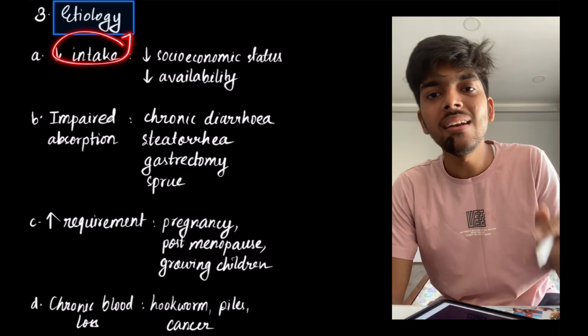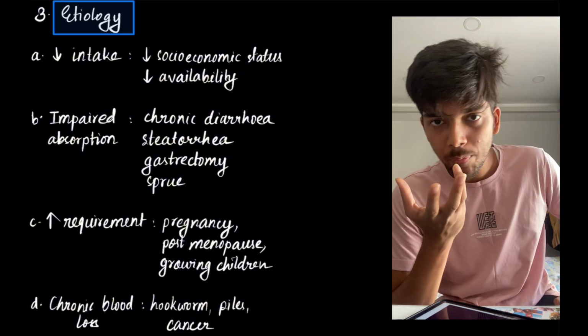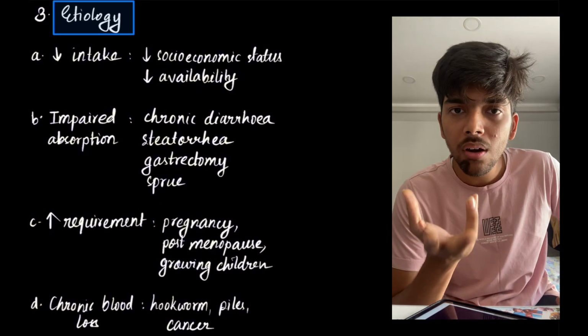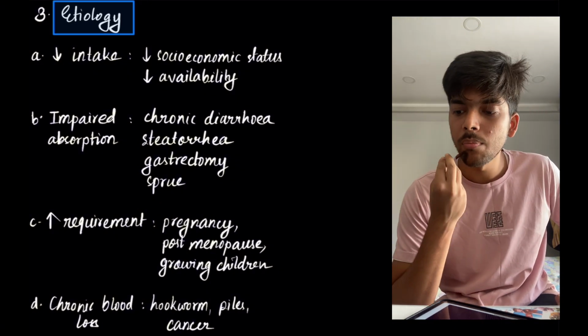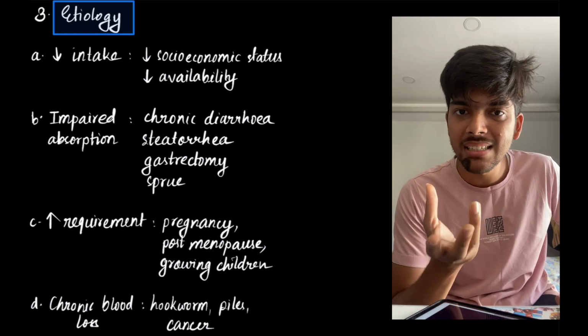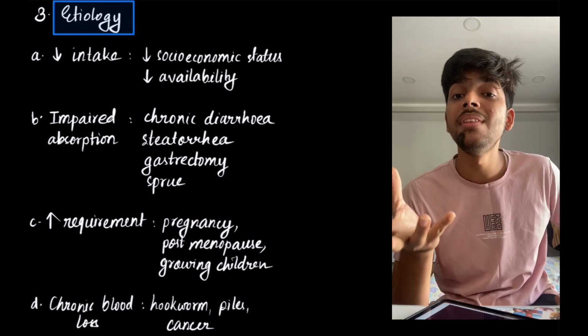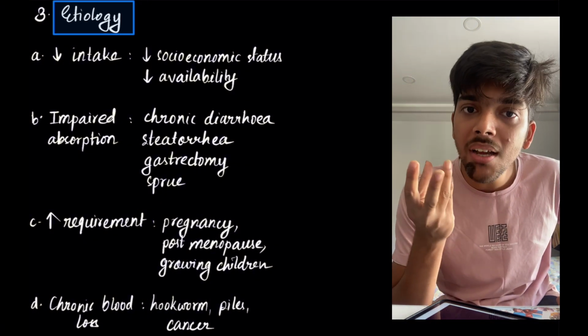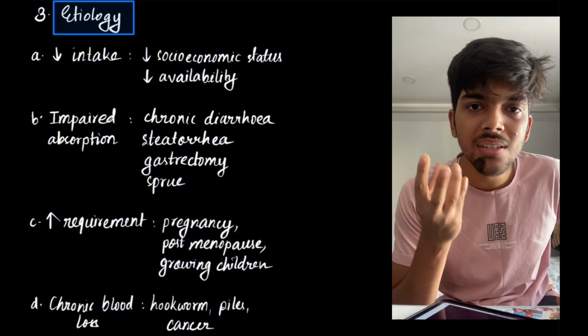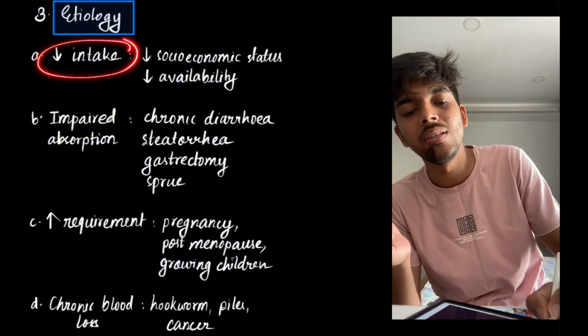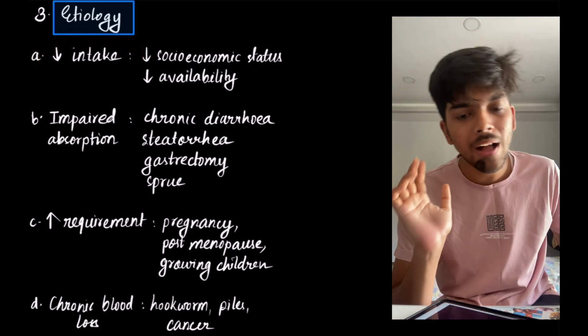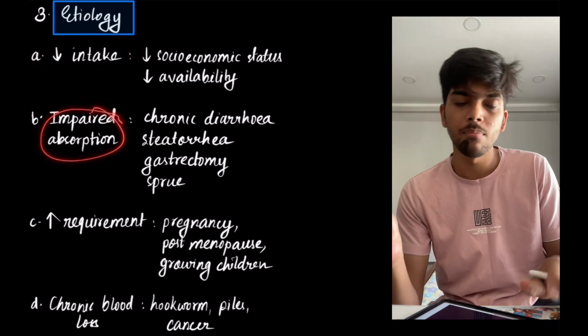So iron intake reduces if a person is surviving in a poor economic status. The person doesn't have money for a balanced diet and there is lack of iron in his or her diet. Or if there is lack of availability of iron rich products in the market, that can result in decreased intake of iron. Second is impaired absorption.